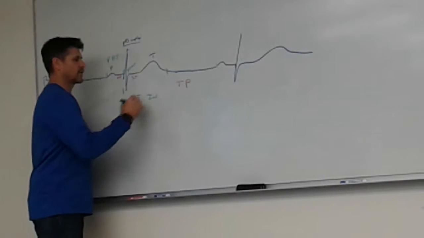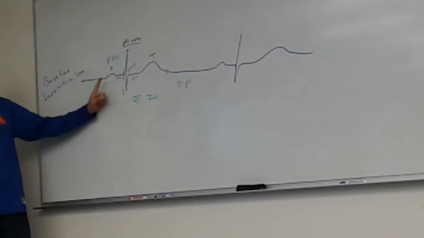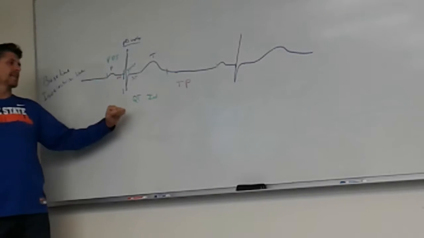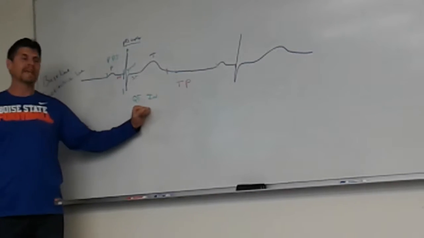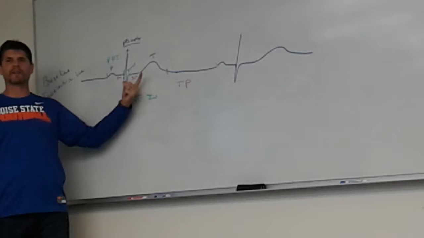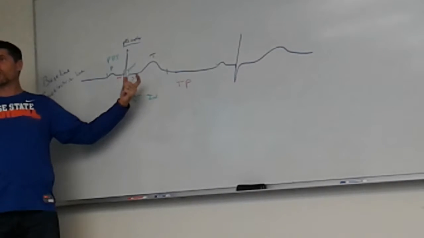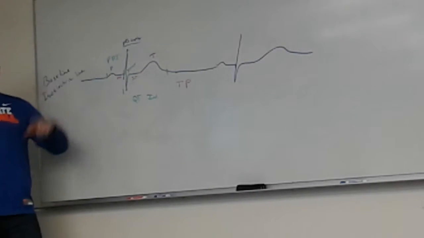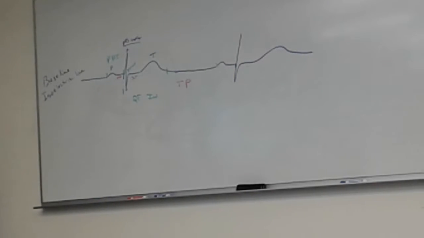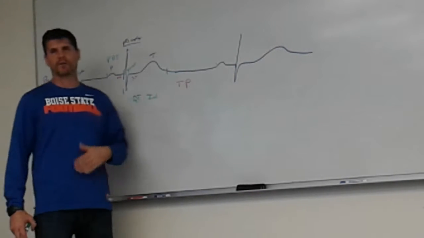Okay? In this case, the PR interval is one wave and one segment. In the case of the QT interval, it's at least two waves and one segment, and could be as much as 4 or more waves and a segment, depending on what's happening in the QRS complex. So that's our QT interval.